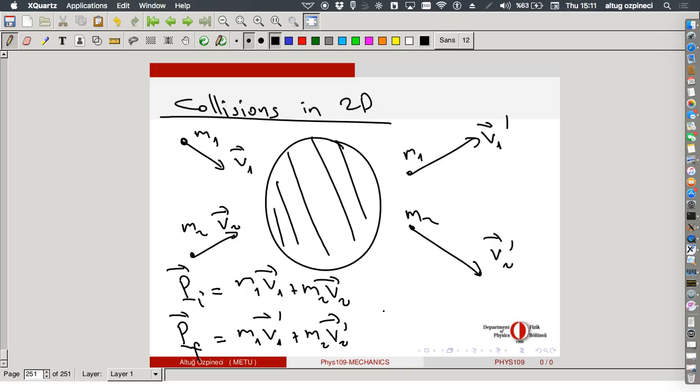How many unknowns do we have in 2 dimensions? Why 4? How many unknown numbers do you have?